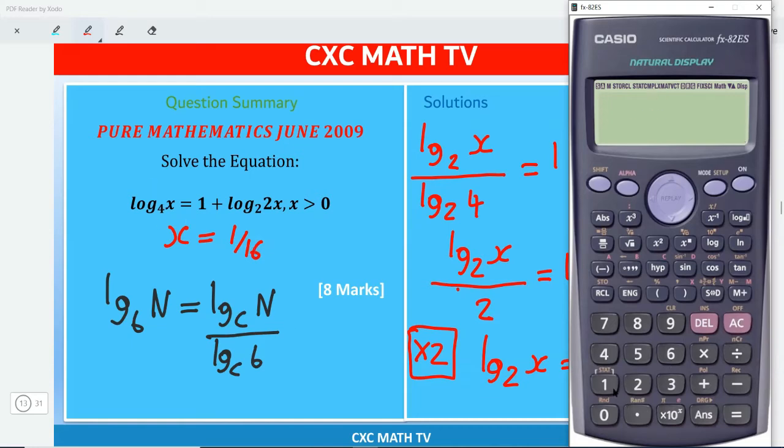Check to make sure the right-hand side is also -2. So 1 plus log base 2 of 2 times x, which is 2 times 1 over 16. We should also get -2. And we did, so we know that we're correct.